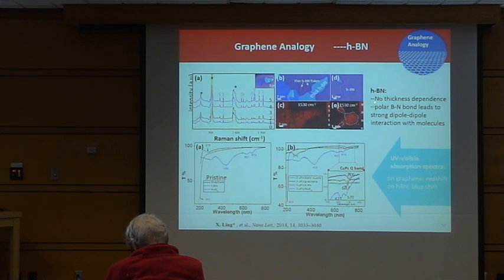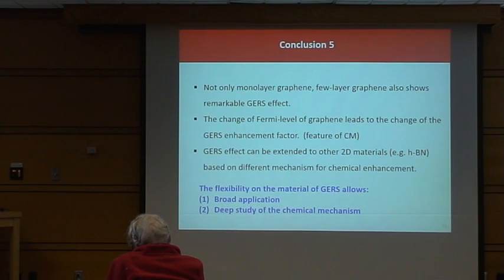Actually, one of the advantages of HBN is that it doesn't have a very strong thickness dependence. Even for very thick HBN, the enhancement can be very strong, or even stronger than the monolayer. That means we have more flexibility in choosing the substrate.